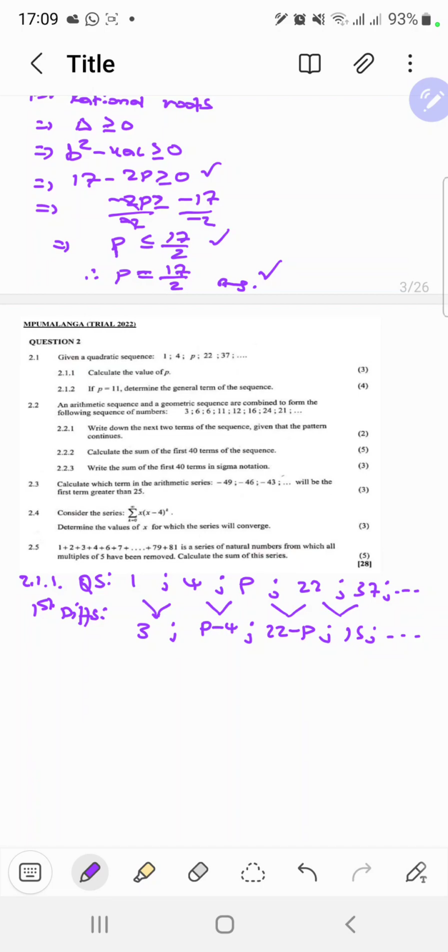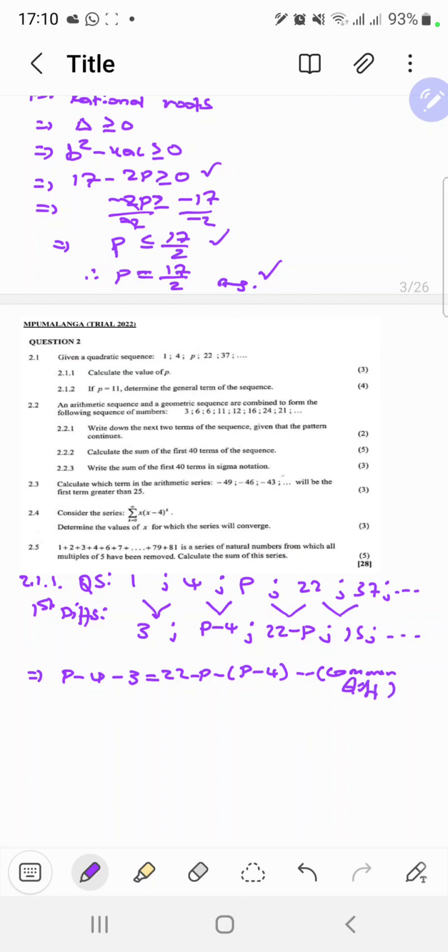This is very key, because for us to solve for p, we know that from here it implies that p minus 4 minus 3 is going to be equal to 22 minus p minus p minus 4. The reason is that we have a common difference of that sequence.